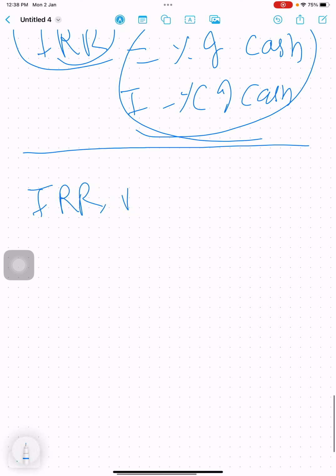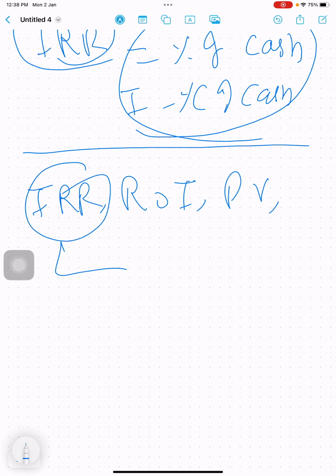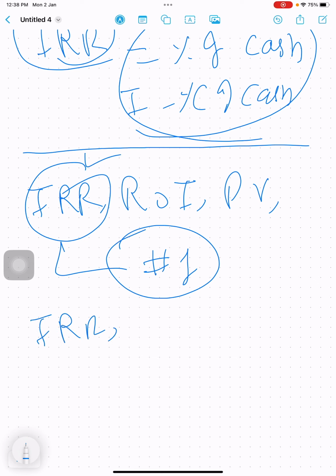If you have all of them, which one will you use? IRR is the most important one and the number one priority we will use. IRR is the most accurate, then net present value, then ROI, and then other terms will be utilized accordingly.